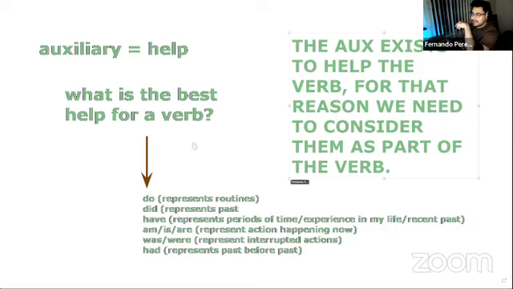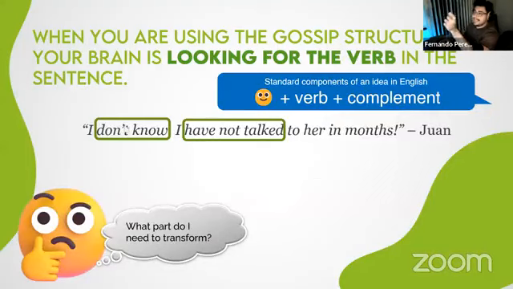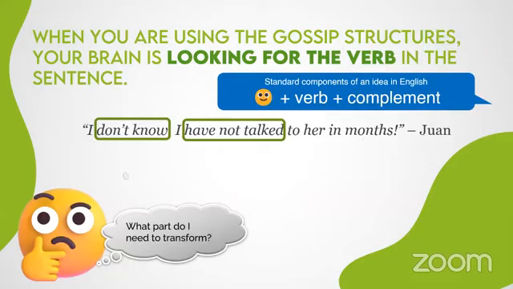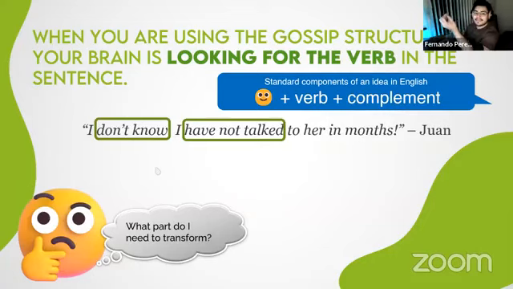And that's the reason in this screen you can see the verb is not only know, because this is in negative. What is the verb in this case? Don't know. Together. You see? In the second example, have not talked.